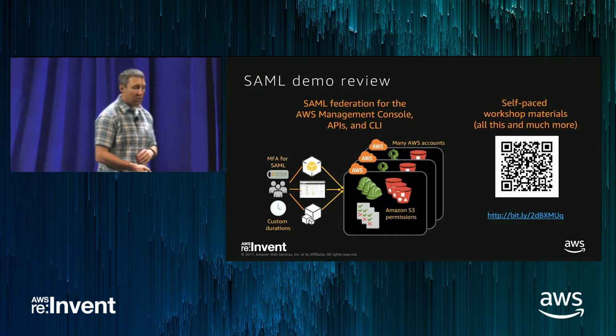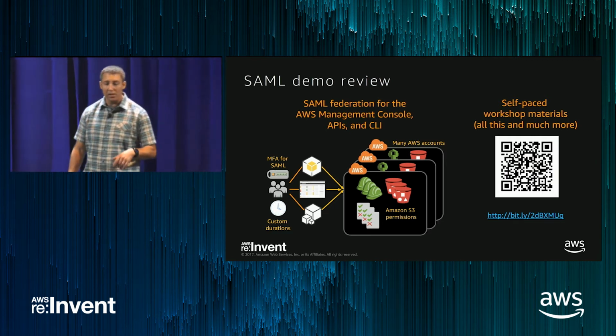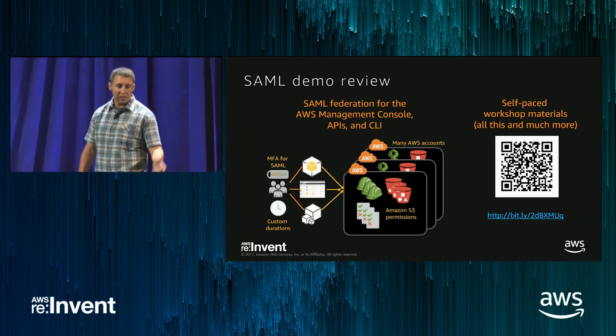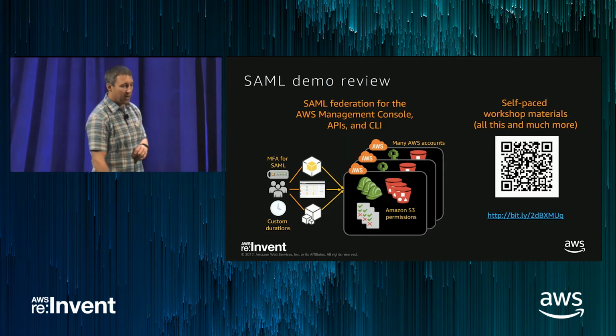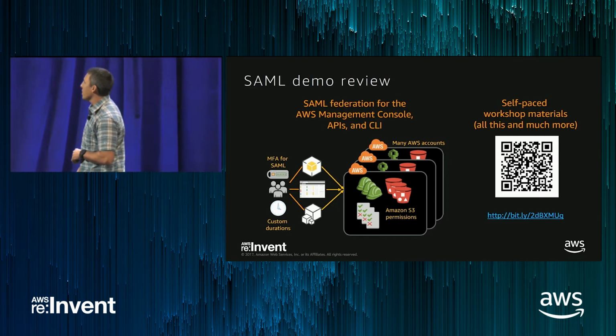So in the first demo, we saw all about how to do SAML federation for AWS itself. Last year here at re:Invent, we did a self-paced workshop that's still out there on the wide world of the internet that's got everything you saw and much, much more and in much greater depth.